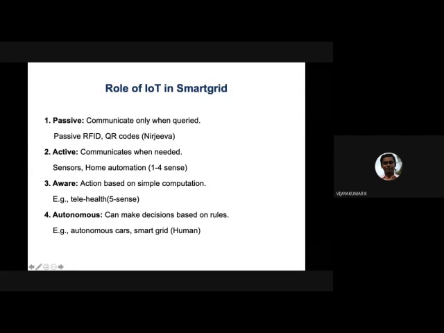Whenever you send some signal, or whenever a fault recurs, we ask the person working at that location, and you get the information. Or, for example, we use RFIDs and QR codes. Just by scanning the RFIDs or QR codes, whenever required, you can get the information.